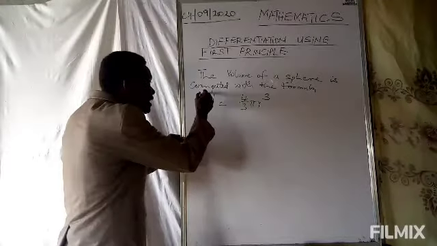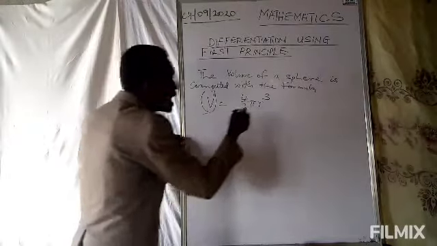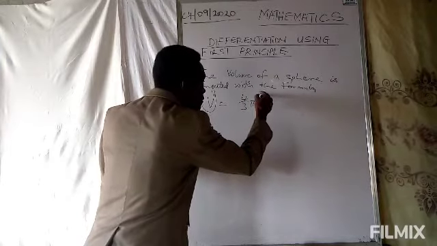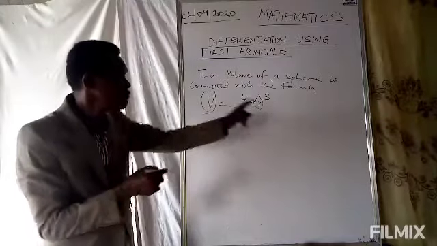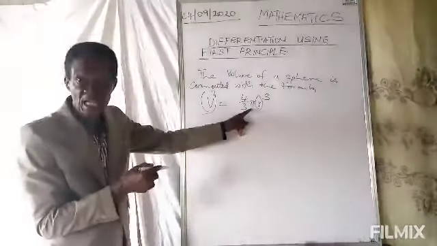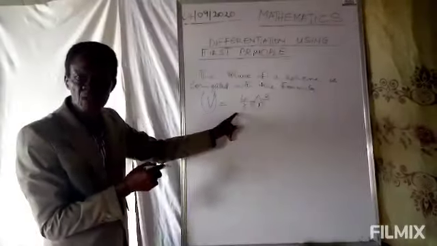Now, V is a variable and r is also a variable. So, V and r, these are two variables. Pi here is a constant and 4/3 is also a constant.